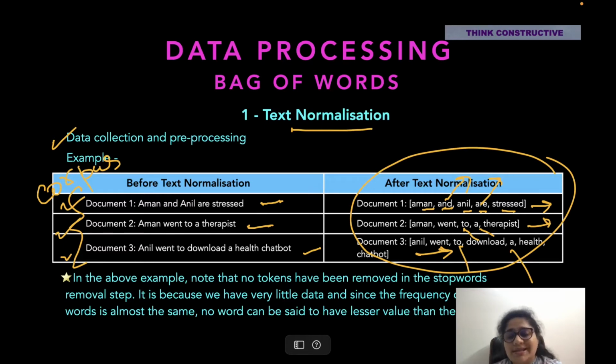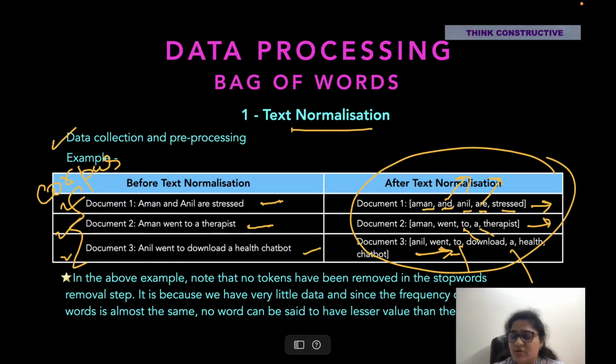But since in our example, this corpus itself is very, very small, I have not taken any very big paragraph or big documents, so my corpus is already very small. So these words we are not removing after text normalization, because they might carry some good value to our textual data.